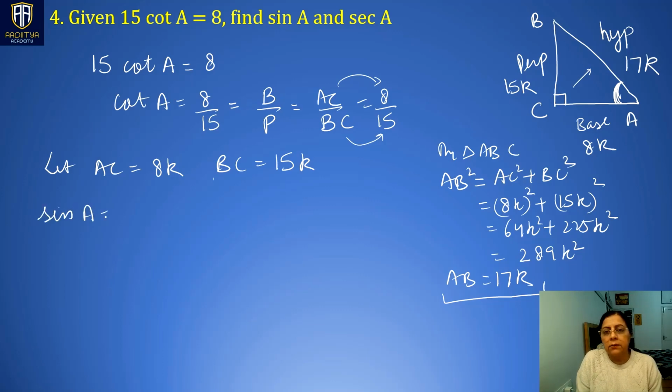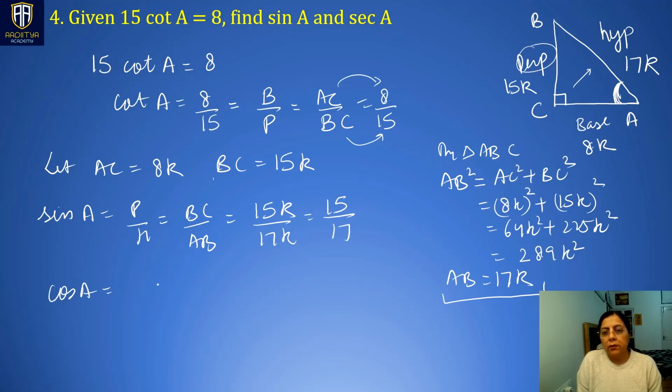Sine A is the ratio of perpendicular and hypotenuse. For A, the perpendicular is BC upon hypotenuse AB. So we have 15K over 17K, which is 15 by 17.